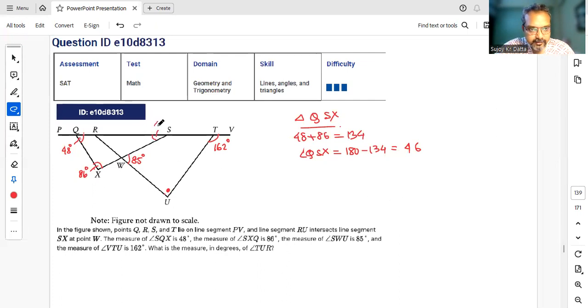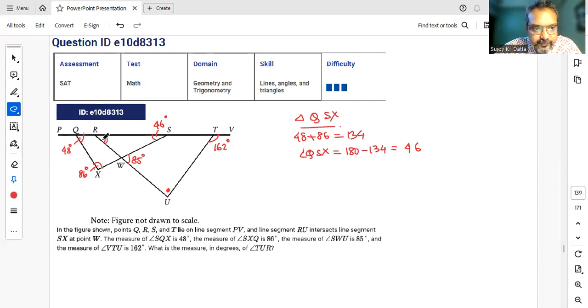So that's 46 here. One way you can now do is figure out this. We know this, we know this, we would also know this, and then do 360 minus that to get the answer. Alternatively, you got 46.